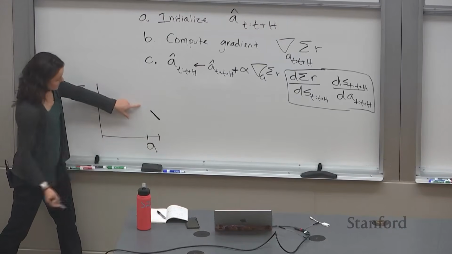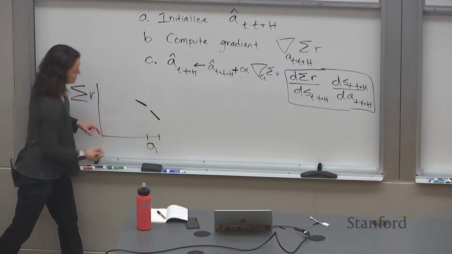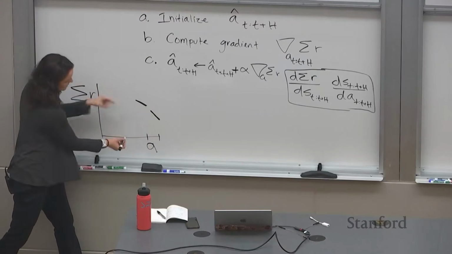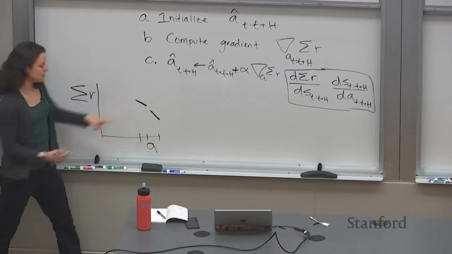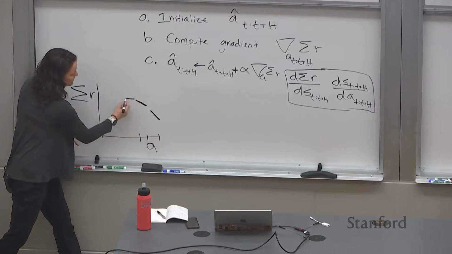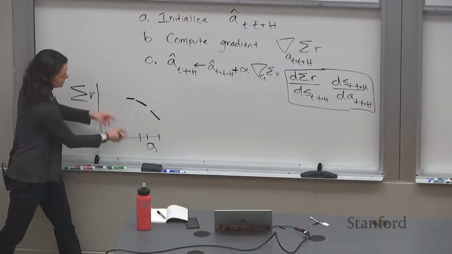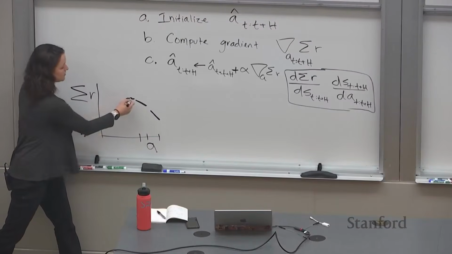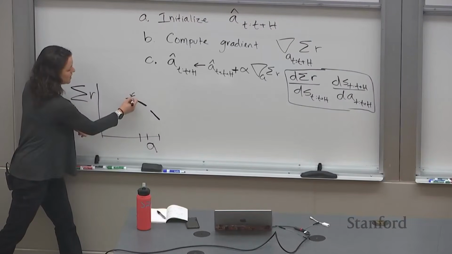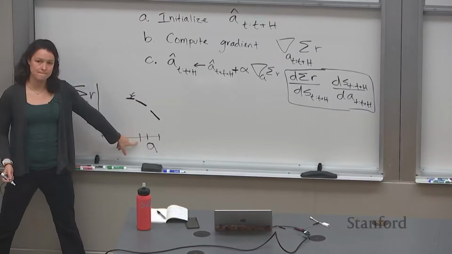You evaluate the gradient there, and you find that the gradient looks something like this. You say, okay, maybe I should move further to the left, but a little bit less because the slope is less steep. And then you get something that looks like this, and the gradient is 0, so maybe I won't be sampling any further actions. Your final choice after running gradient descent is this value right here.